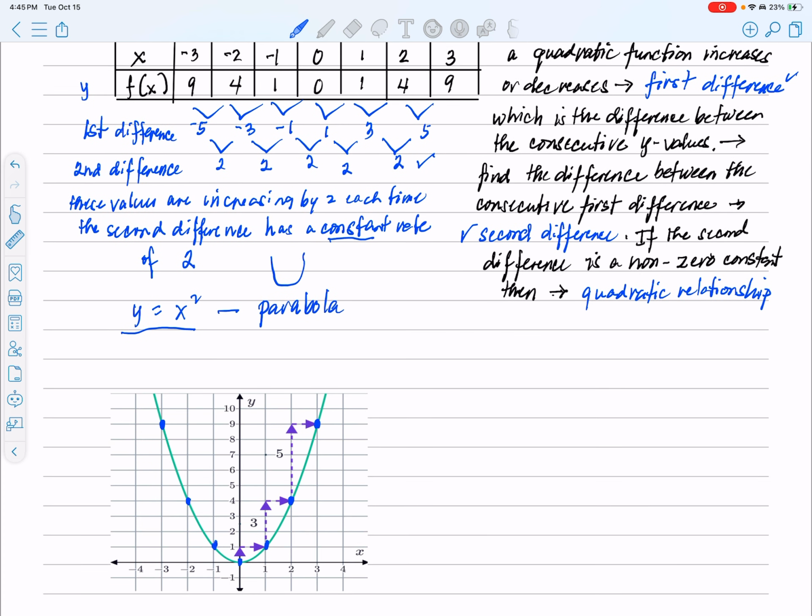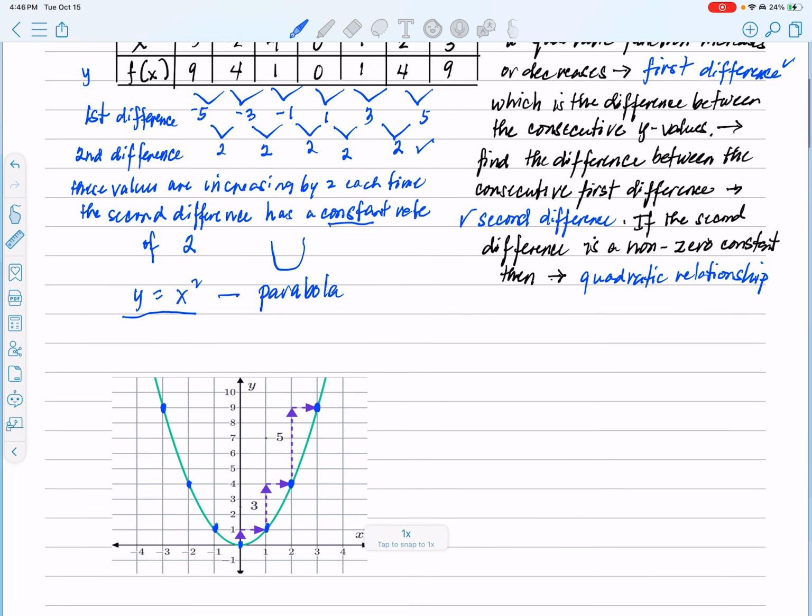The left side has the output values, which are negative in input, and on the right side the input is positive. So the graph here forms a parabola.